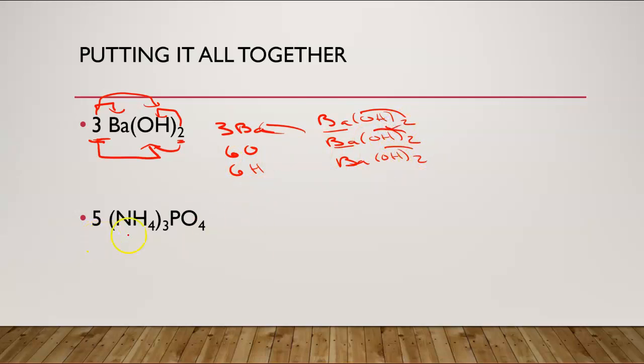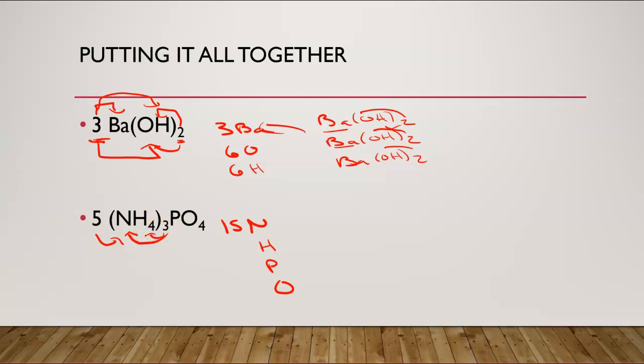So again, here, gave you a nice hard one, right? So we have our nitrogen, we have our hydrogen, our phosphorus, and our oxygen. So here, inside the parentheses, we have 3 times 1 times 5. So 3 times 1 is 3, times 5 is 15. So we have 15 nitrogens. And then 3 times 4 is 12, right?